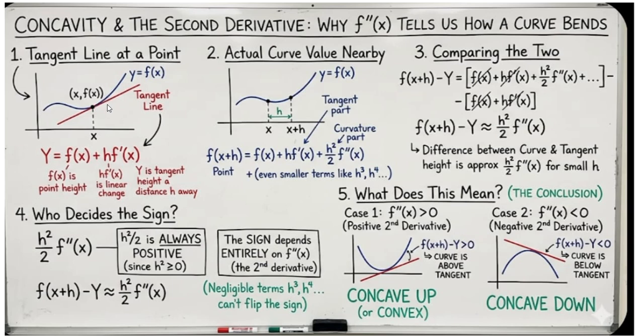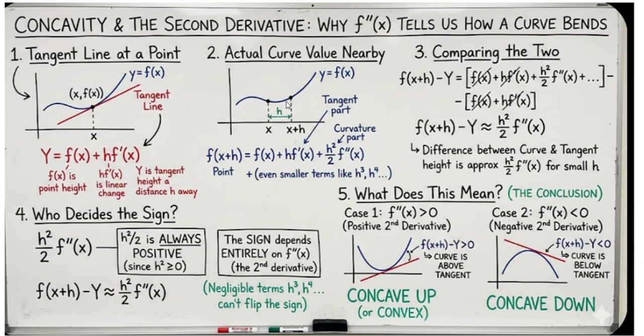I'm going to choose another point, x plus h, near that point, just a very minute change, so that x plus h minus x is h. Then we can get the height of the tangent from x to x plus h by this formula.